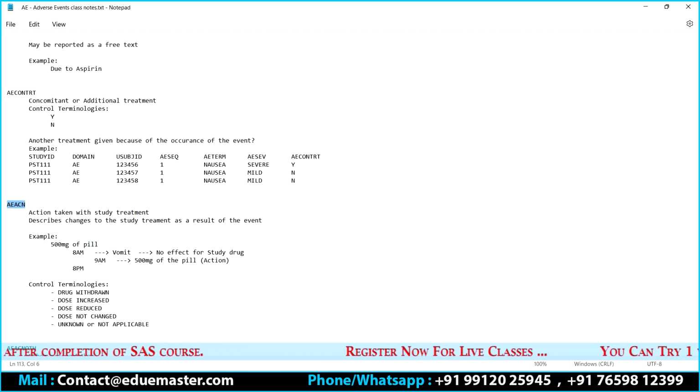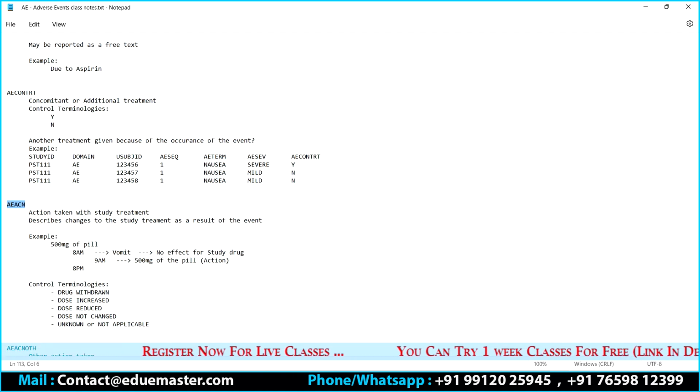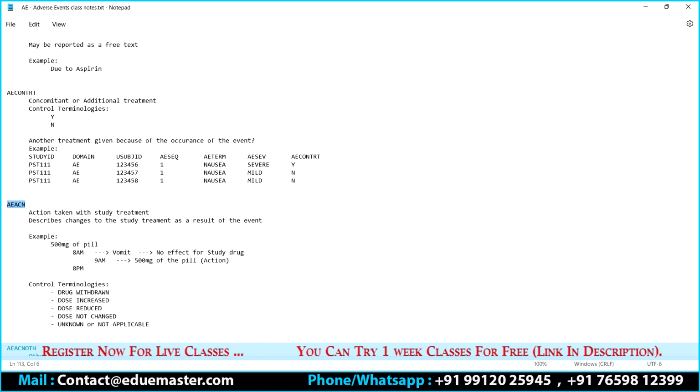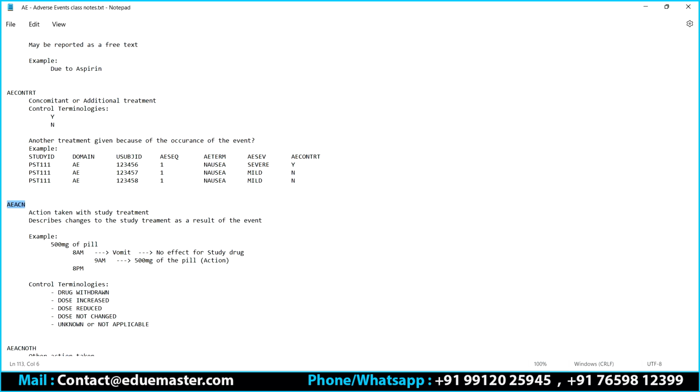Let's say there is a person who is supposed to take the same pill twice a day, 500 mg morning and 500 mg evening. But right after he has taken this particular medicine, he vomited. So we are not sure what is going to be the effect of this. Correct? So what we did in that case, within a short span of time, we gave another dosage to make sure the patient gets the regular dosage, which is 500 mg.